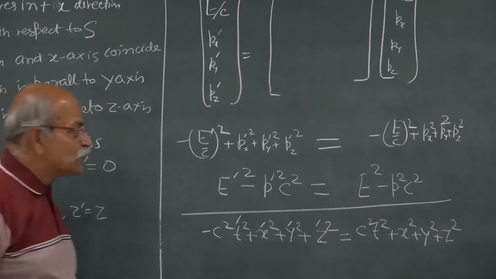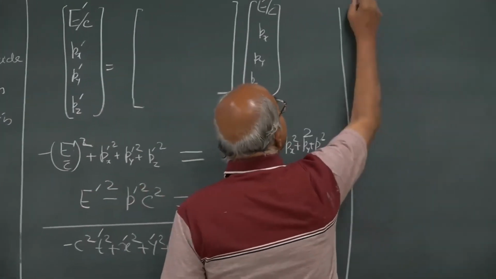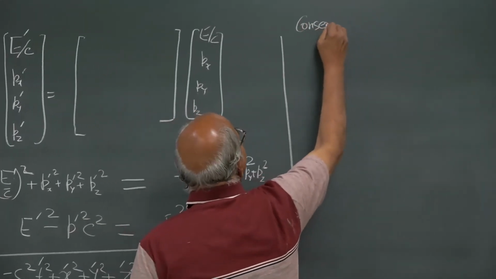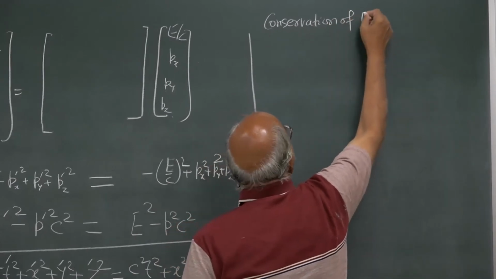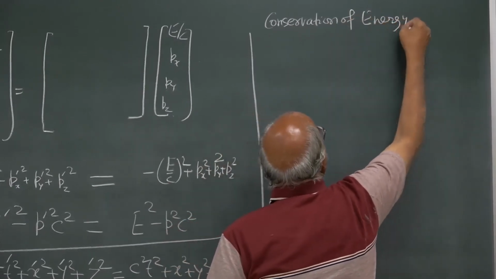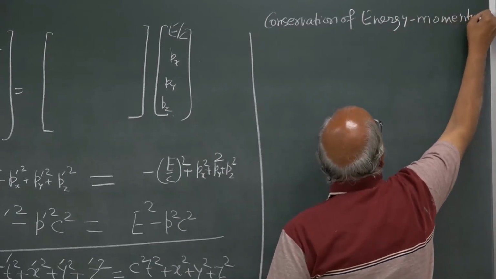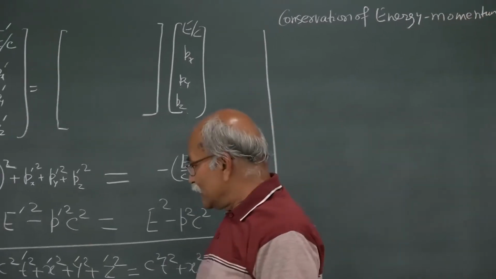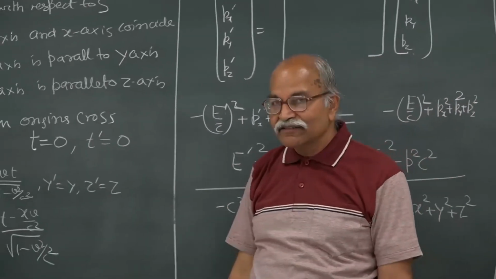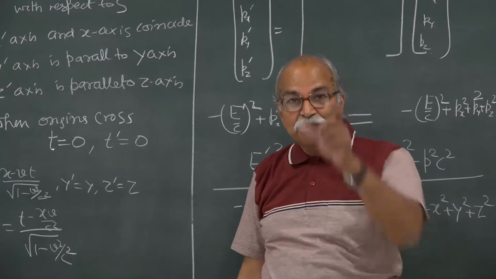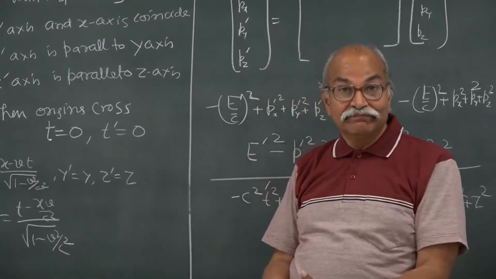Now, the last thing I want to say in this lecture is the conservation of energy momentum. You have seen from the position 4 vector that the space coordinates and time coordinates get mixed up.